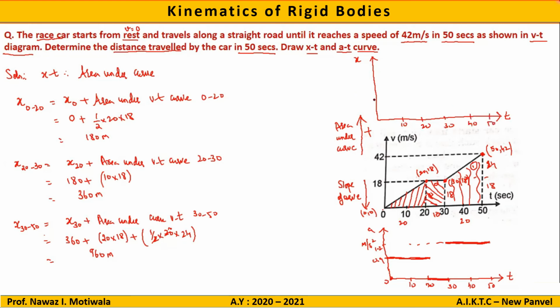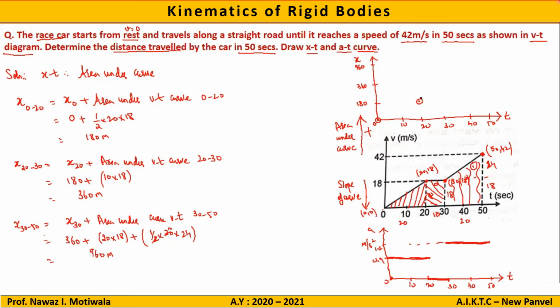The values which we got are 180, 360 and lastly 960. Now for the xt curve, the value at the 0th second is 0, so this is the point, and the value at the 20th second is 180, so this is the point.